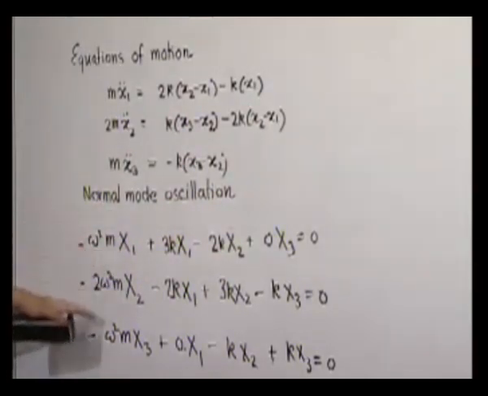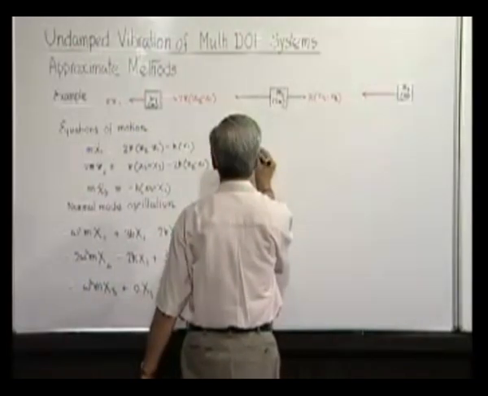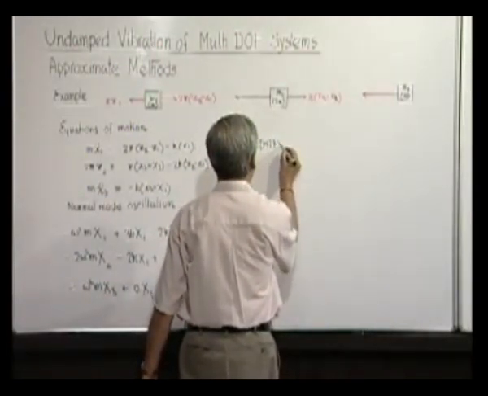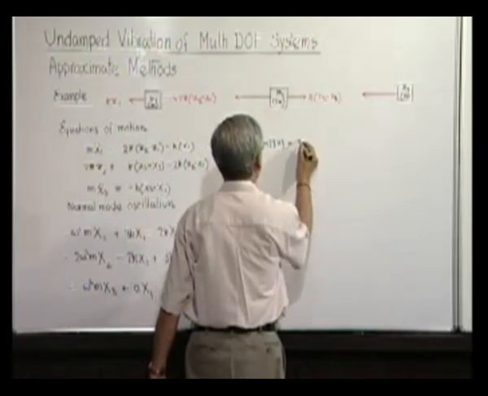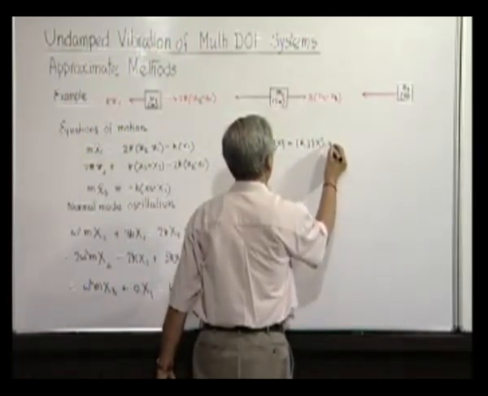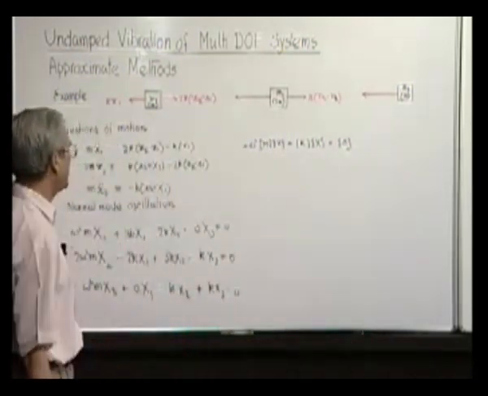This is okay. This will be simply the mass matrix. So this becomes minus omega square M x plus K x equal to 0. This is a set of equations in matrix form.